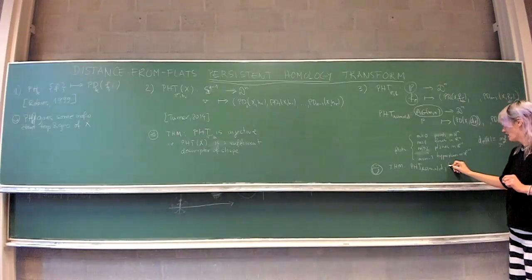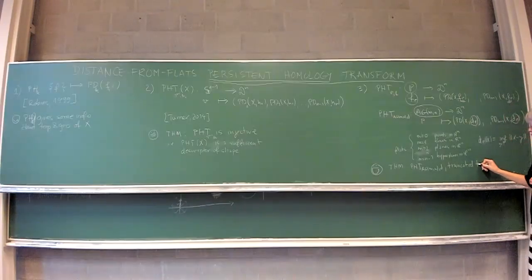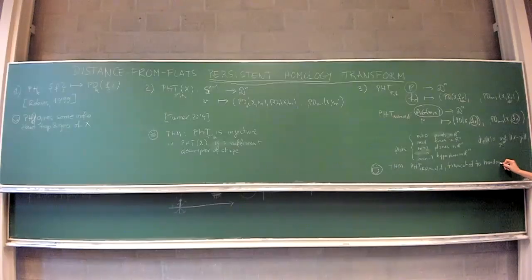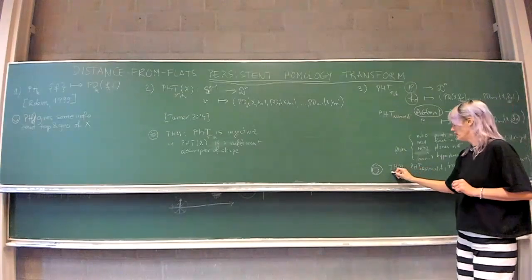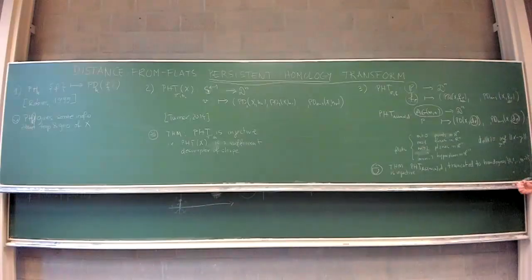We show that this one, truncated to homological degrees up to m minus 1, is injective. So we just have an additional thing where we are able to look at fewer homological degrees.